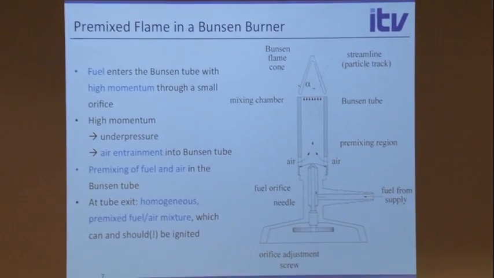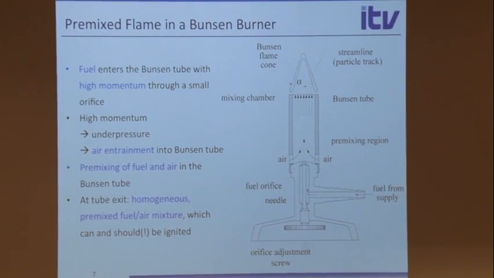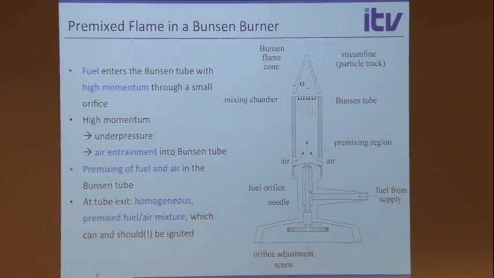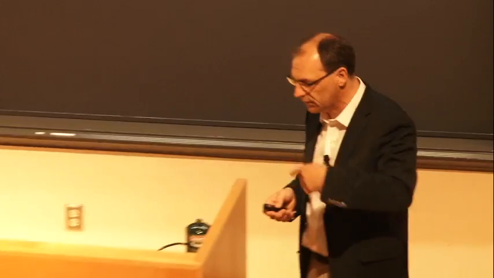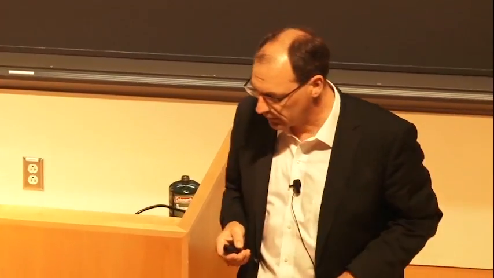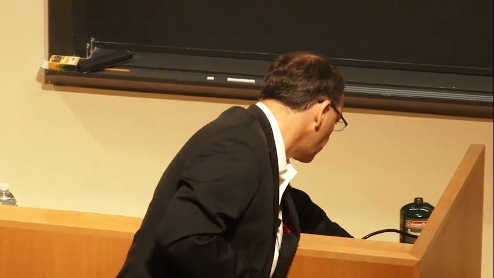Okay, so let's talk about the kinematics. Let's just look at a simple experiment, a Bunsen flame. We looked at this here, although this is not exactly a Bunsen flame because you have a bluff body inside this nozzle I showed you, and so that generates turbulence.